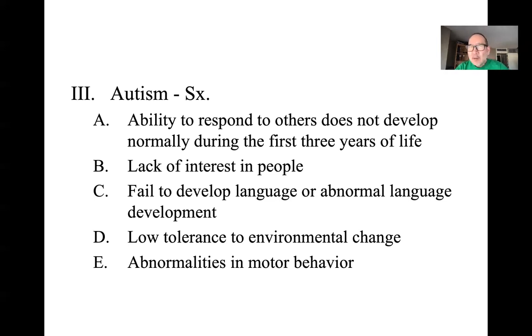Because developmental rates along different areas can vary for children, it may be hard to discern exactly what's going on with the child when they don't speak or hardly speak by age 2. In this case, it was clearly related to the communication difficulties associated with autism.